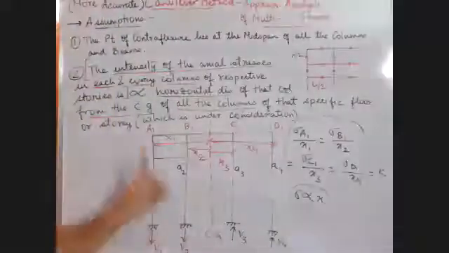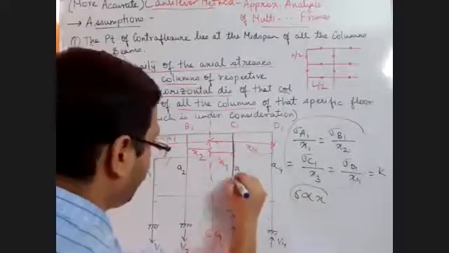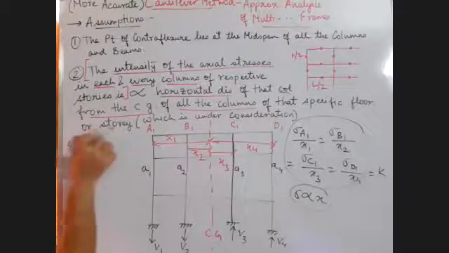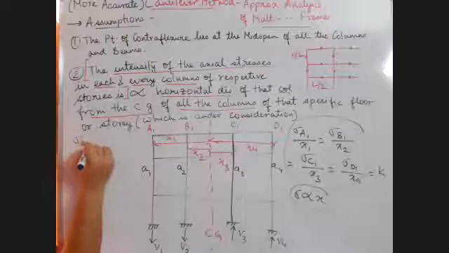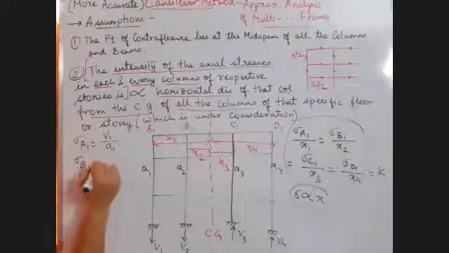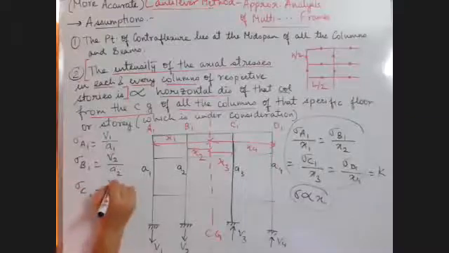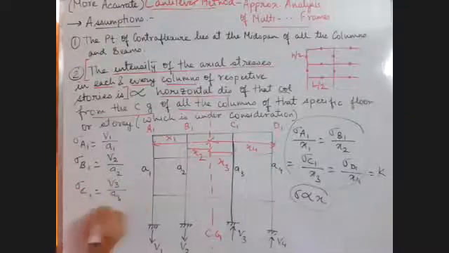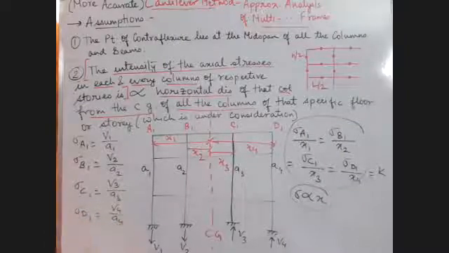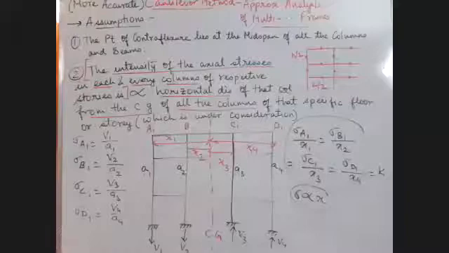So V1 will be equal to what? Force by area. So sigma A1 will be V1 by a1, sigma B1 will be V2 by a2, sigma C1 will be V3 by a3, and sigma D1 will be V4 by a4. So this is the basic assumption of cantilever. Please take this down quickly.